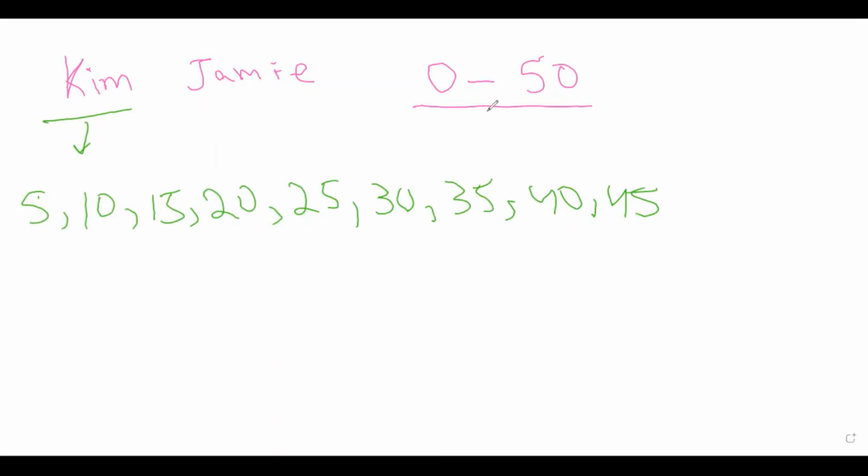These cannot include 50, as it must be less than 50. So these are the numbers Kim may choose from the first information.